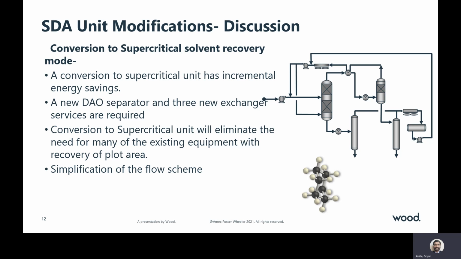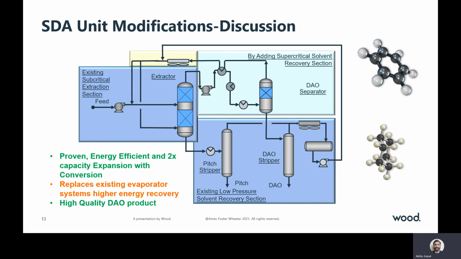Earlier I have shown the layout of the high pressure, low pressure section. The colored area, which is the high pressure section, will essentially get eliminated by adding this exchanger. What exactly I mean? So if you see here in this picture, the RDC column, the internals will be modified, that is one, and the LP section, which has pitch stripper and DO stripper, essentially remain the same.